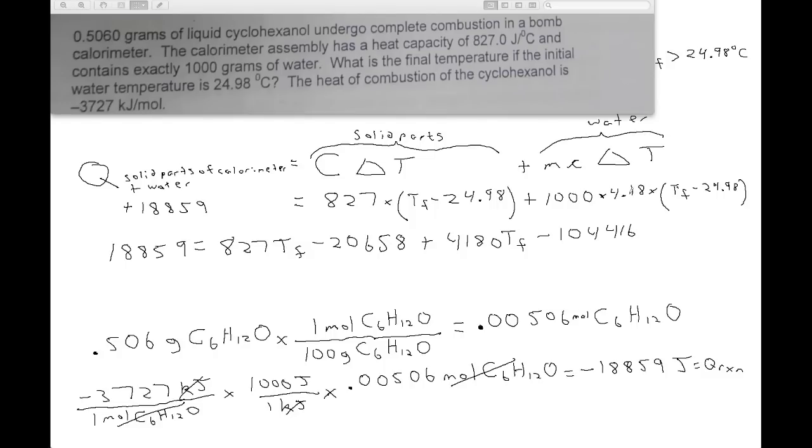And 1,000 times 4.18 times negative 24.98 is 104,416. Now we collect terms.